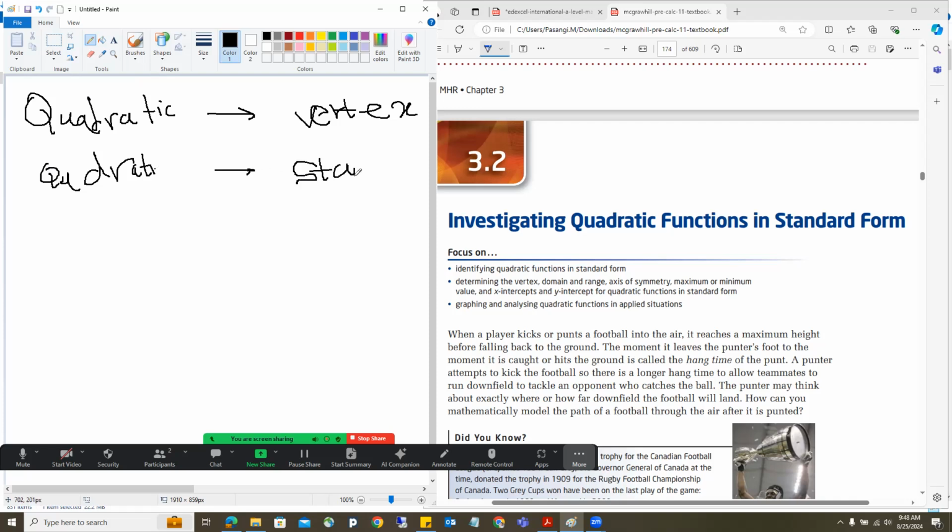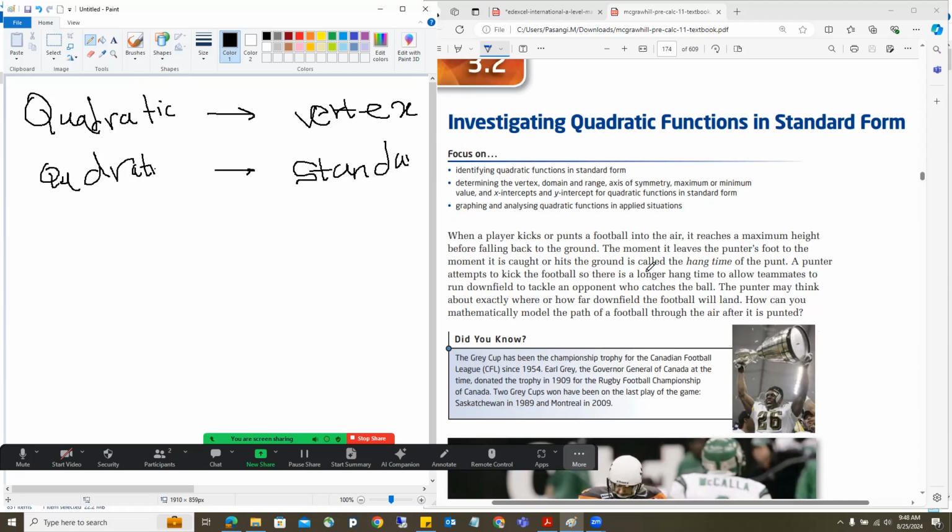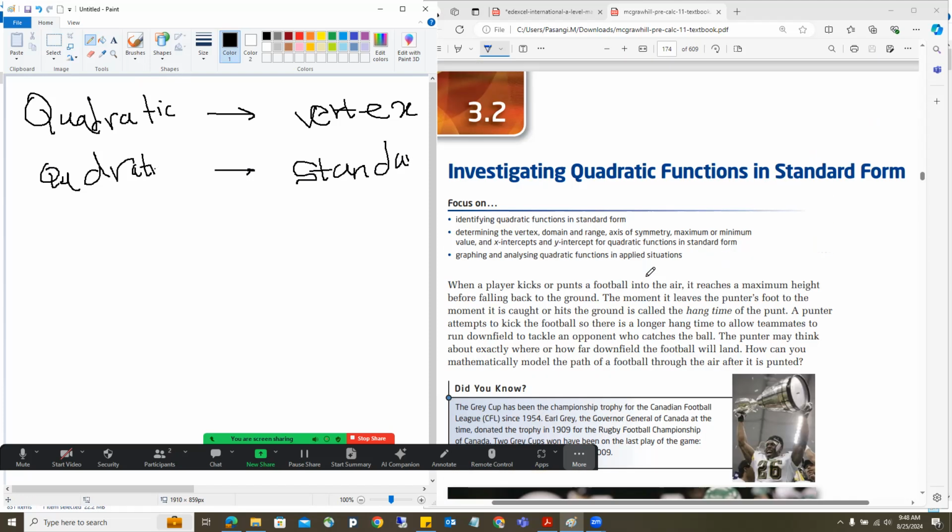So this is the second form of the quadratic equations. Now, for the standard form, we'll be focusing on identifying quadratic functions in standard form, determining the vertex, domain and range, axis of symmetry, maximum or minimum values, and x-intercepts and y-intercepts for quadratic equations.